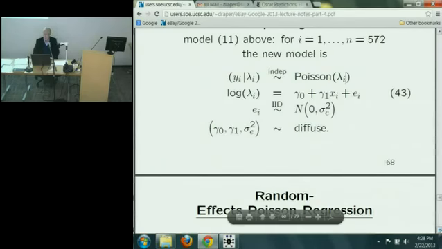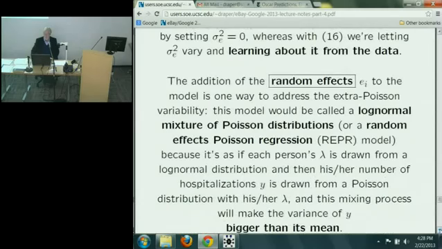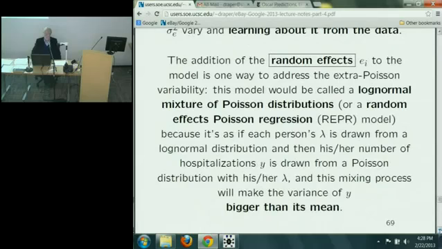Put that all together and you get a random effects Poisson regression model, because it's as if each person's lambda is drawn from a log-normal distribution, and then his or her number of hospitalizations, y, is drawn from a Poisson with that person's lambda. And this mixing process, if we did the double expectation theorem on it, we would find that this mixing process will always make the variance of y bigger than its mean, unless the sigma squared e parameter was identically 0, in which case the variance and the mean would be equal again, and we'd be back to the fixed effects Poisson story.